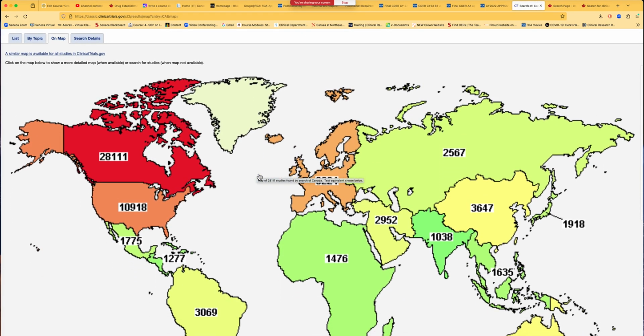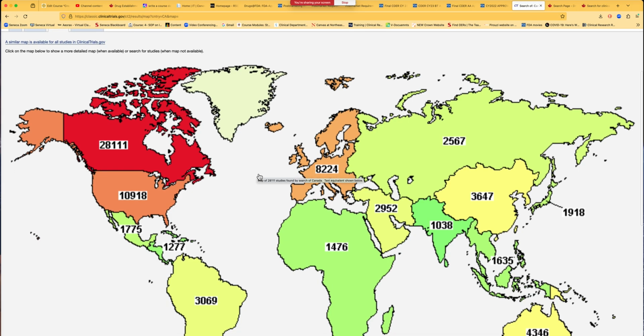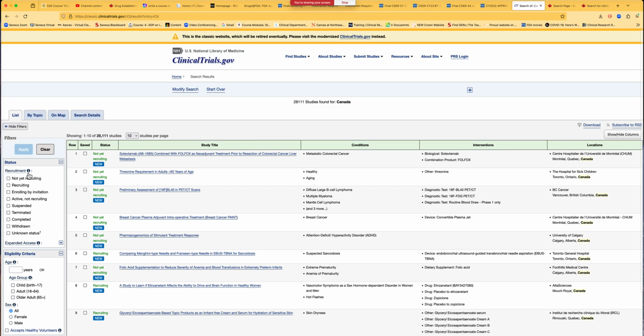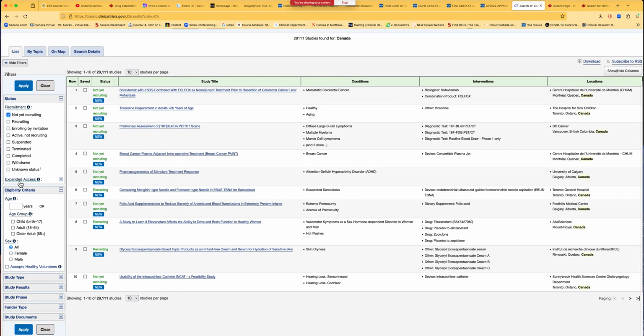So this is again an excellent tool for regulatory strategy, not just by looking into the list, and then saying what are the studies that are not yet recruiting, for example. Now you may want to see how many of those studies are in children up to the age of 17.